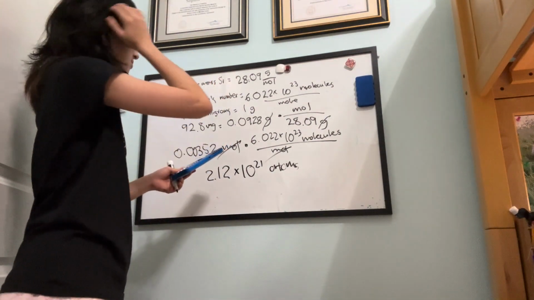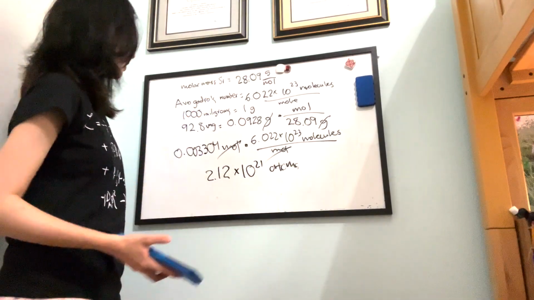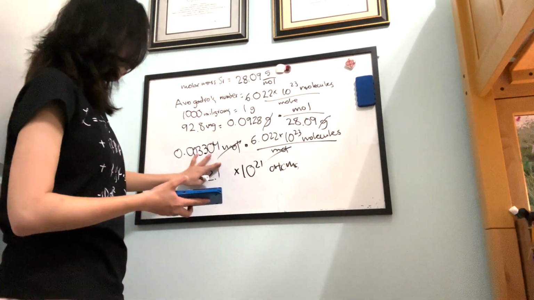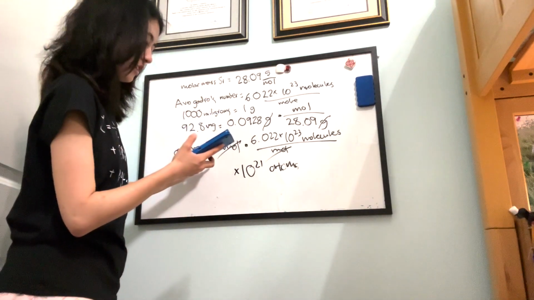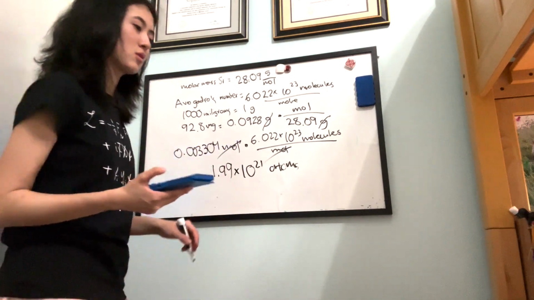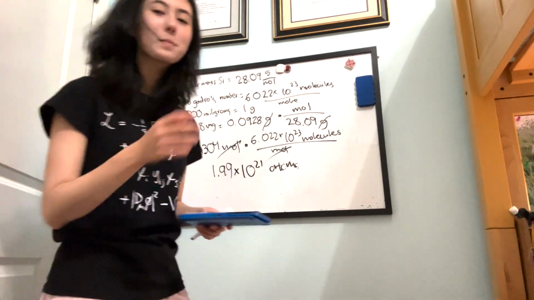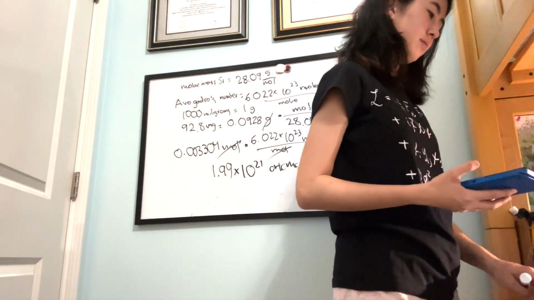Okay, well. I made a mistake there. Okay, so that one is 1.99 times 10 to the 21st. Okay, that makes sense. Cool.